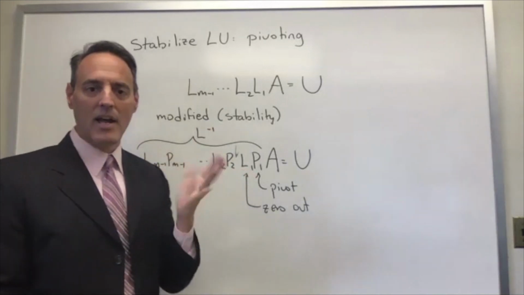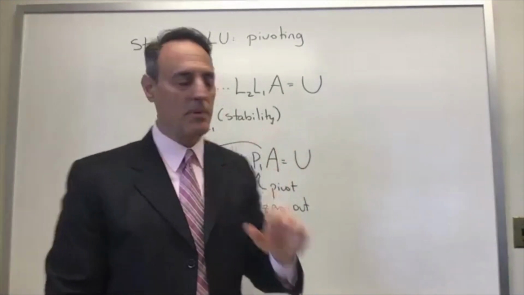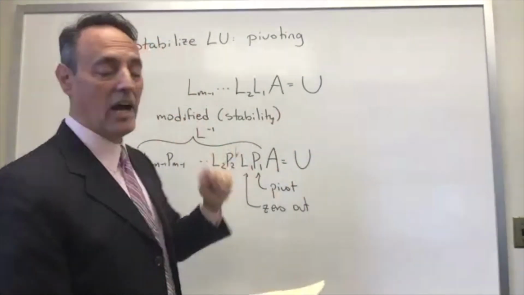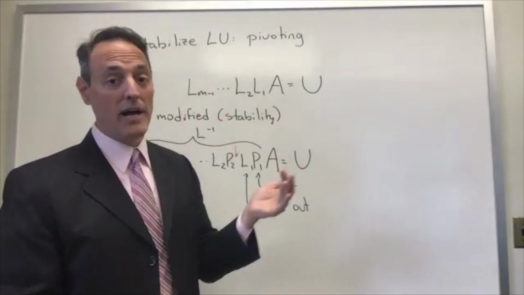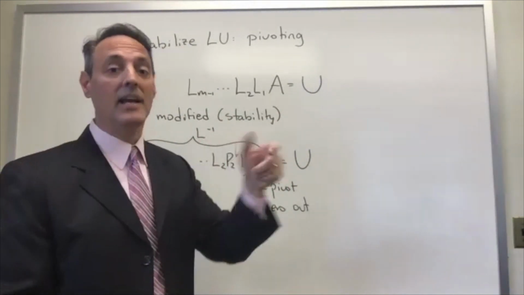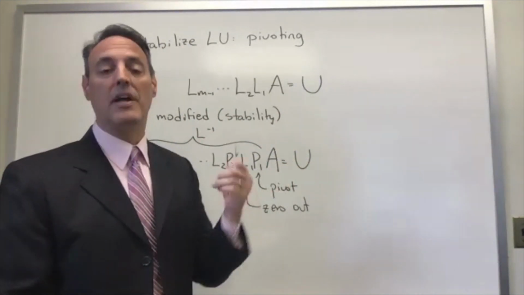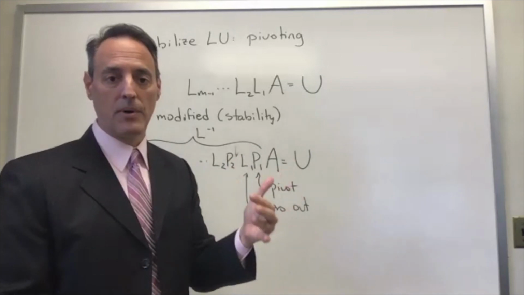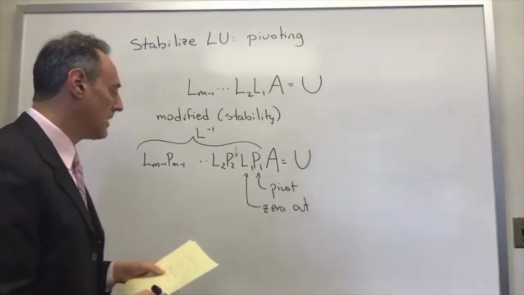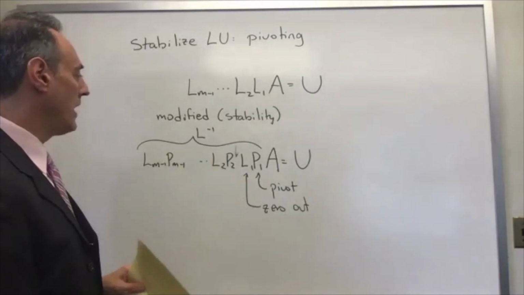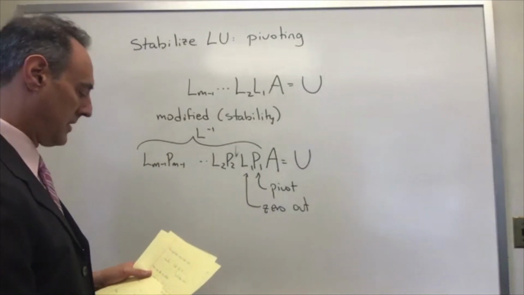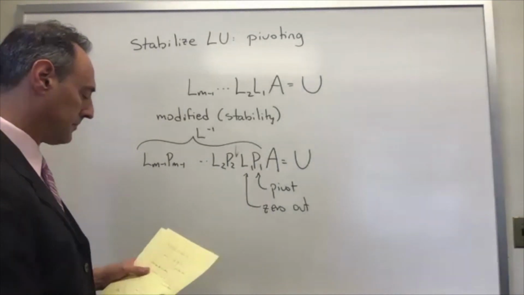Now before, it was very easy to invert this because when you inverted it, you had L1 inverse, L2 inverse, which all you had to do is for that Lk is flip the sign of the Lk. That's it. Super easy inverse. But now we have to rearrange this, and you're going to see it's a little harder, but still not so bad to do.